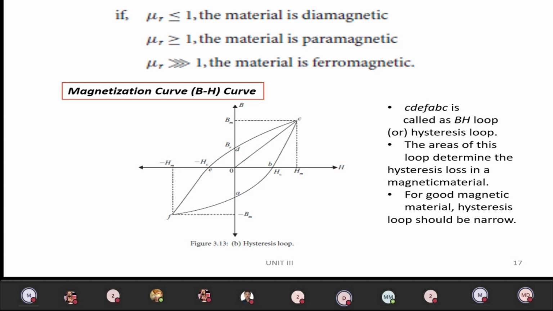So OD represents the residual flux density.